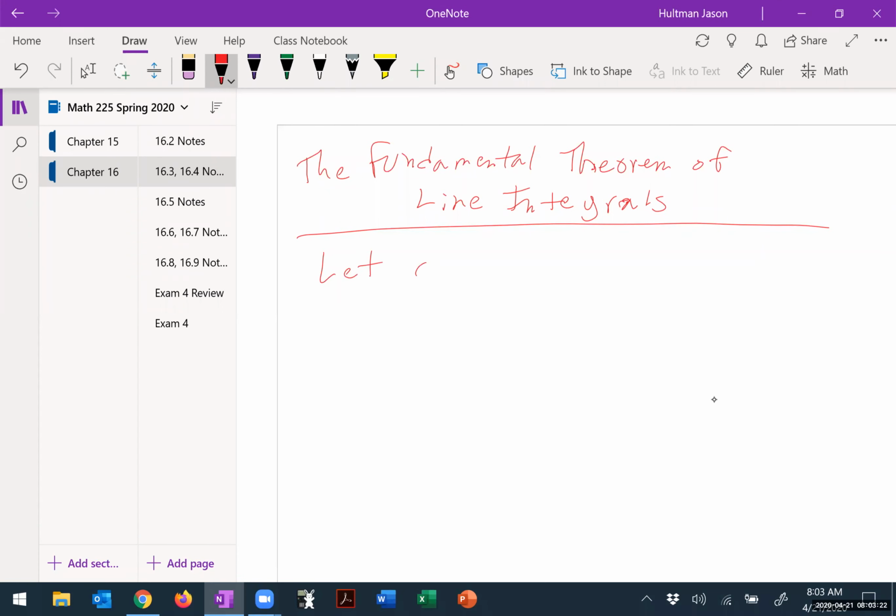Let C be a smooth curve given by the vector function. So it's a vector function. Keep that in mind. It's like a vector field, or a force field. The vector function r of t, such that t is going from a to b.